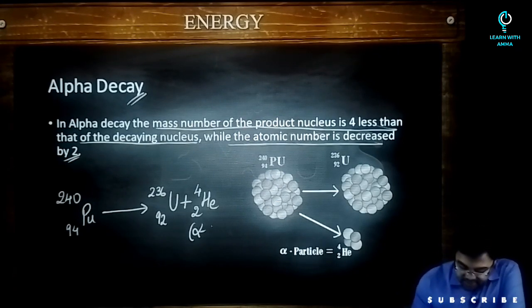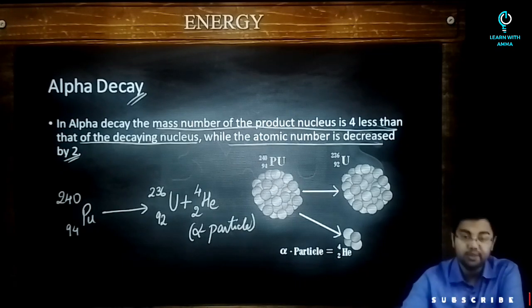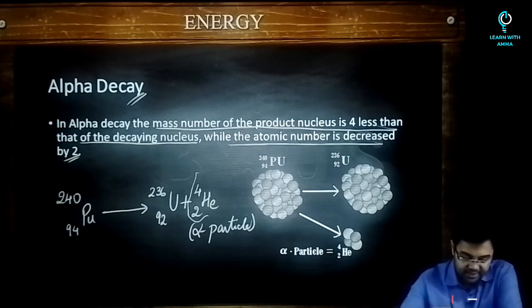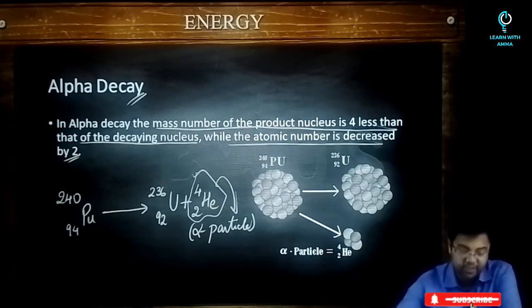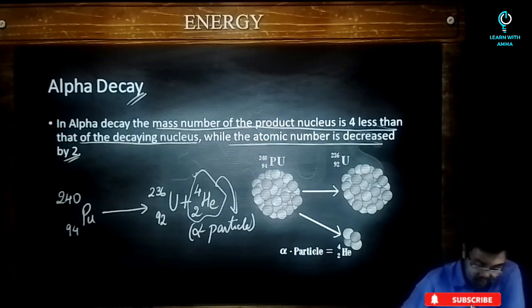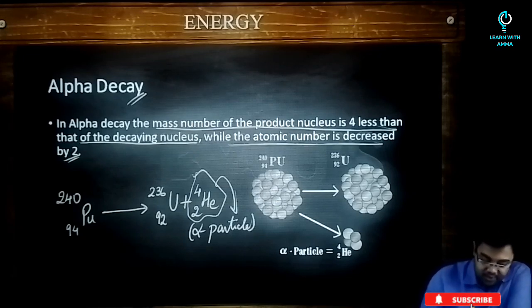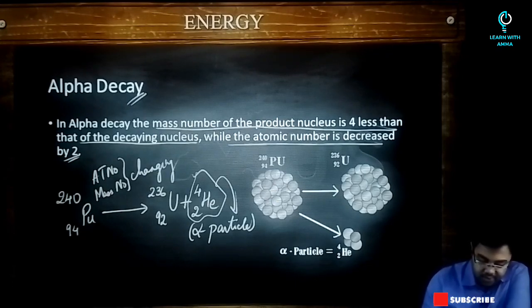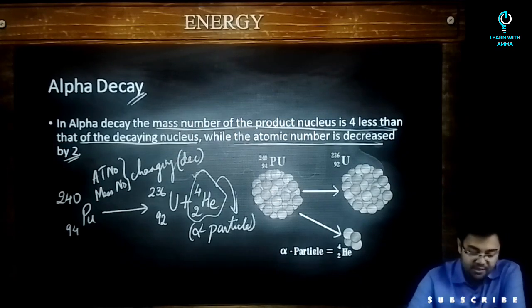This can be called an alpha particle, the nucleus of helium that is getting generated here. So whenever this is happening, atomic number and mass number both are changing, or you can say both are decreasing. So this is alpha decay.